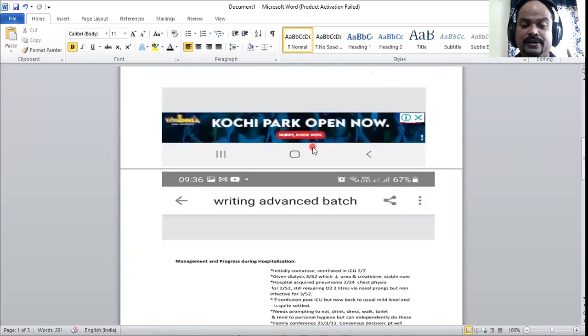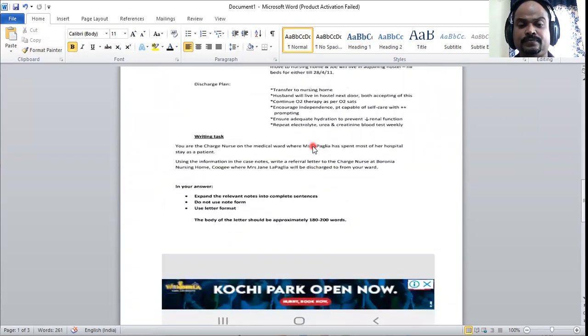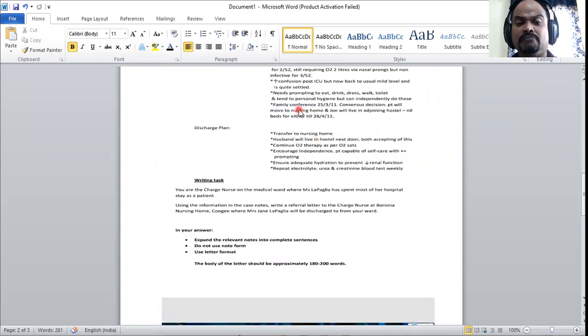So this is the condition. For this, we held a family conference on the 25th and decided to move the patient to the nursing home and her husband to the adjoining hostel.